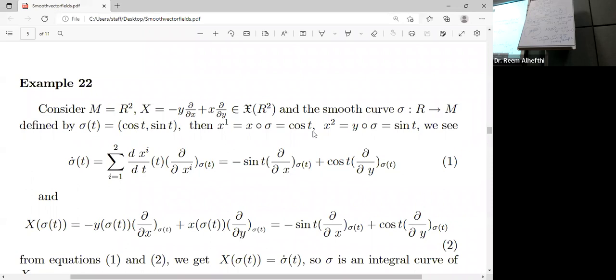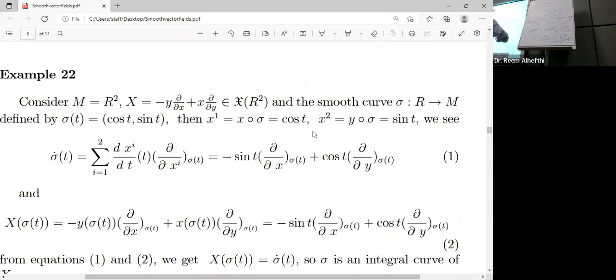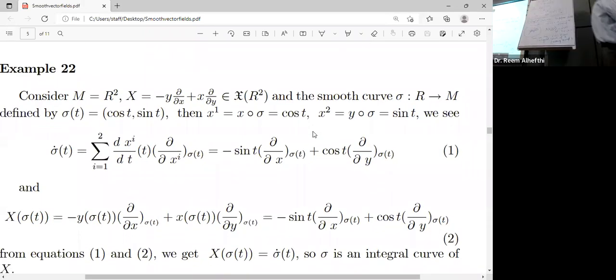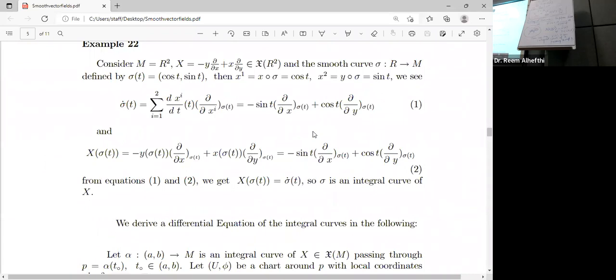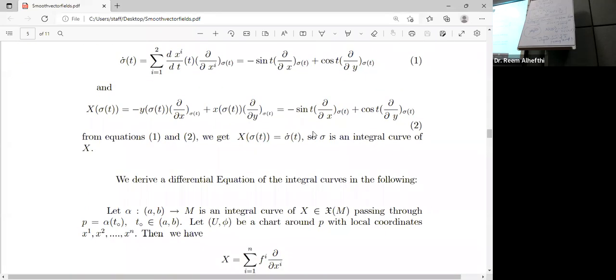I found the tangent vector to this, it turns out to be this. And if I take the restriction of this to the circle, you will see that they coincide. Therefore, this is an integral curve of that vector field. Any question?